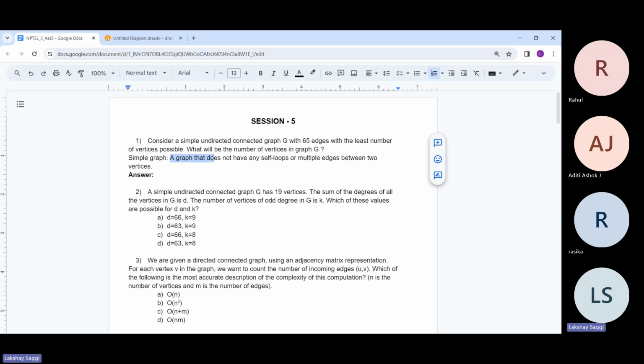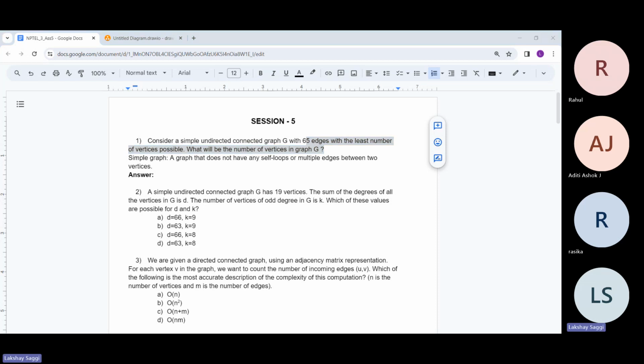A simple graph is a graph that does not have any self loops or multiple edges between two vertices. Between two vertices, at most one edge can be present. So we want to create a simple undirected graph having 65 edges with the least number of vertices possible. What will be the number of vertices in such a graph?